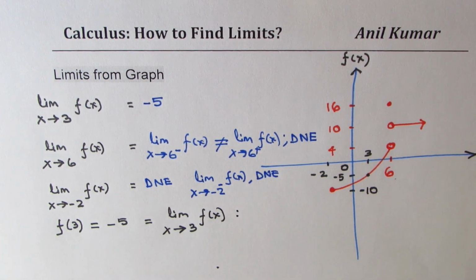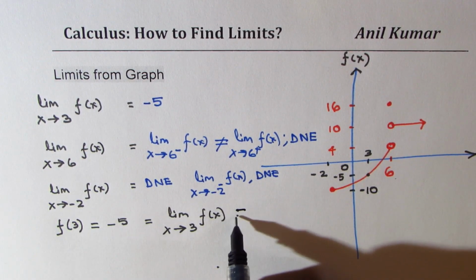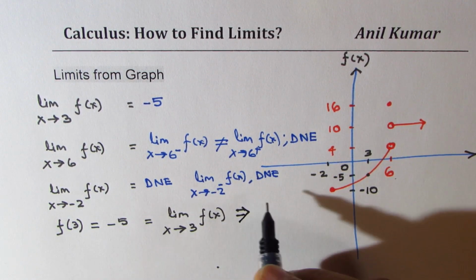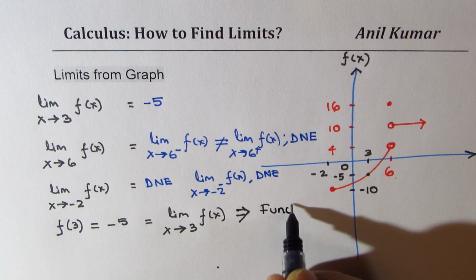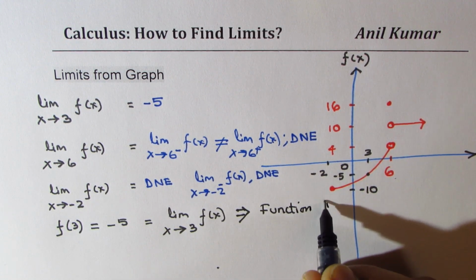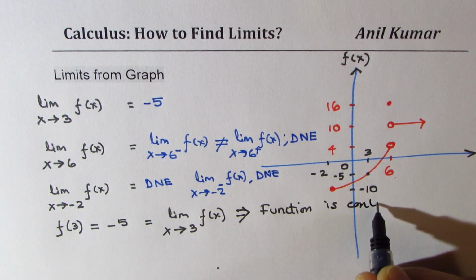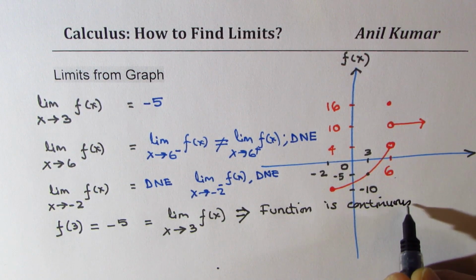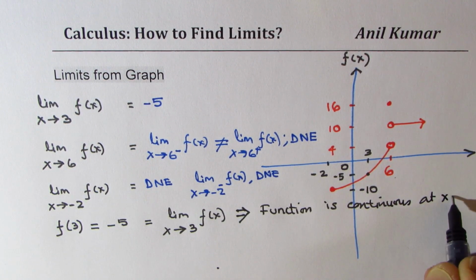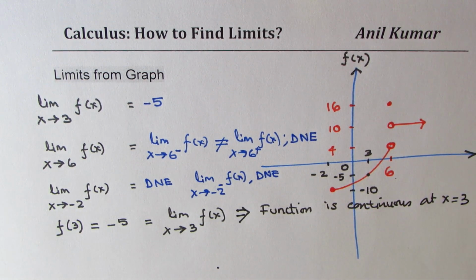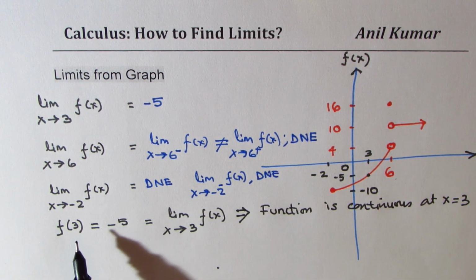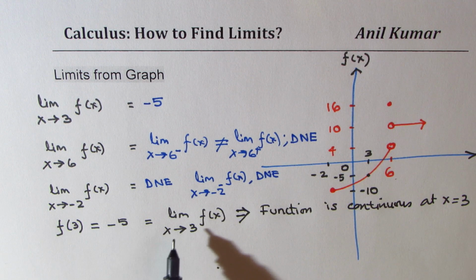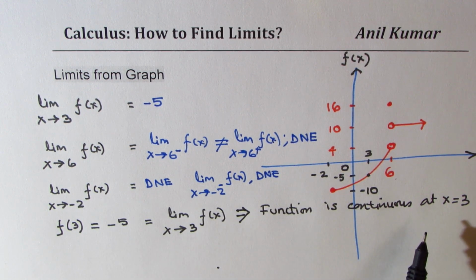So what do you note from here? This implies that the function is continuous at x equals 3. Very important conclusion: if the limit is the same as the value of the function, then the function is continuous.